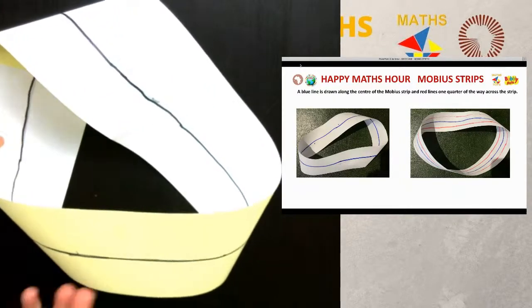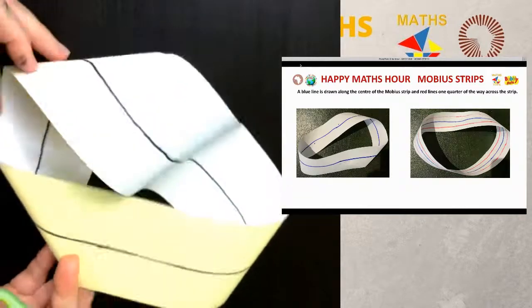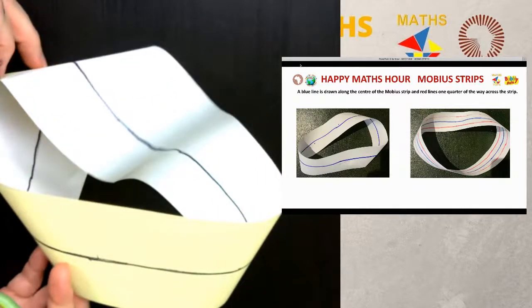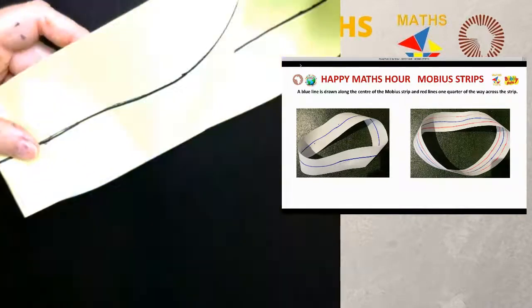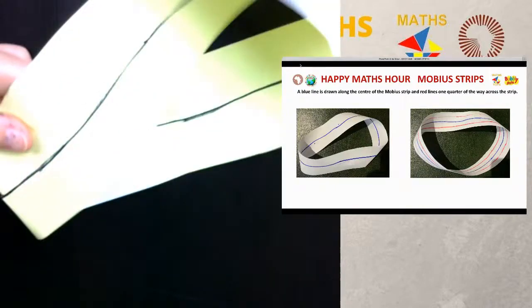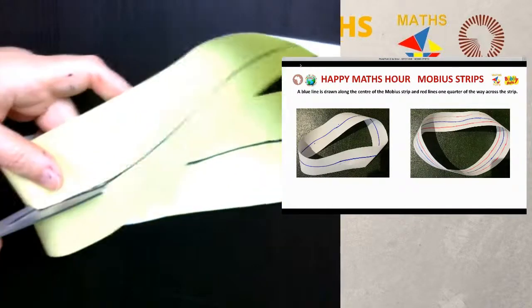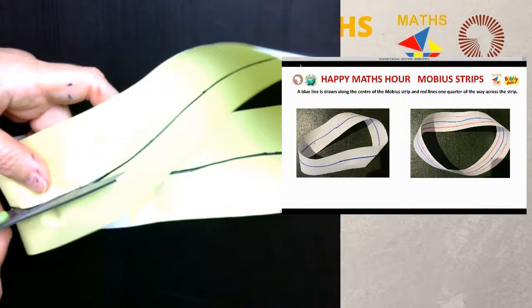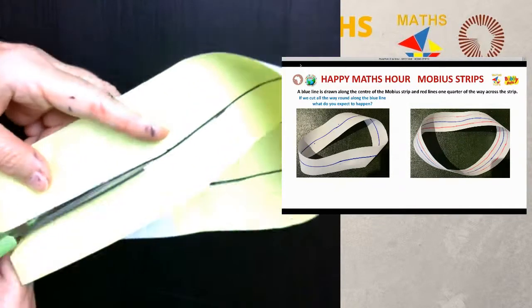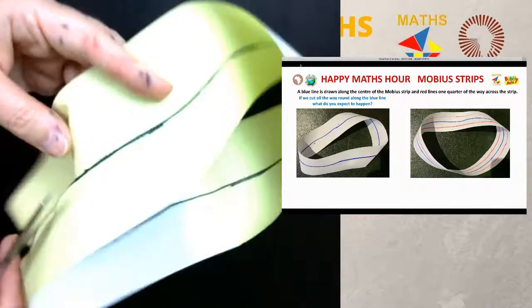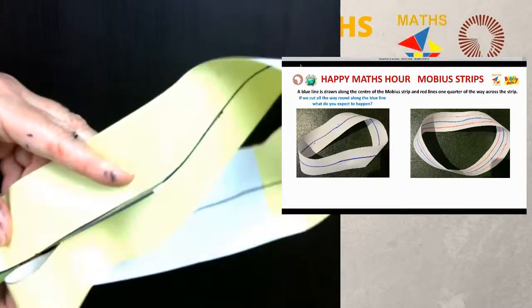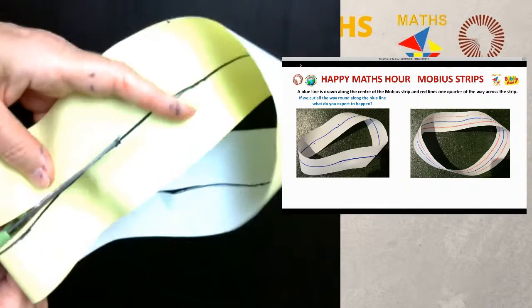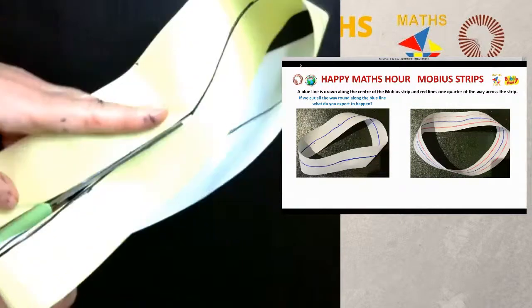And if you have never drawn a line along a Mobius strip, I suggest you do it. It's quite interesting. Now Caroline is going to cut along the center of this Mobius strip. And what would you expect to happen? All right, she's going to show you.